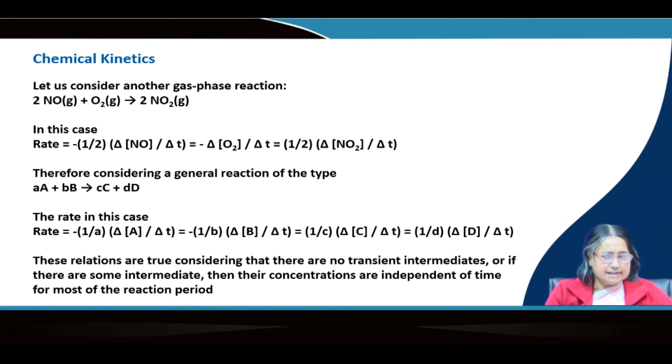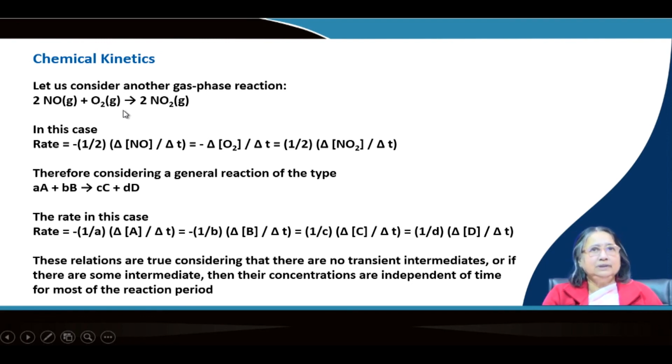Now, taking the same example, how we can express it, I already told you, but here you see in this example, this is a different reaction where you see the stoichiometry. In the previous one, the stoichiometry of the reactants and products was 1 1 1 1, but here it is not like that. Here it is 2:1 and then 2. So, if you think about oxygen, then the rate of disappearance of oxygen is the rate of the reaction.